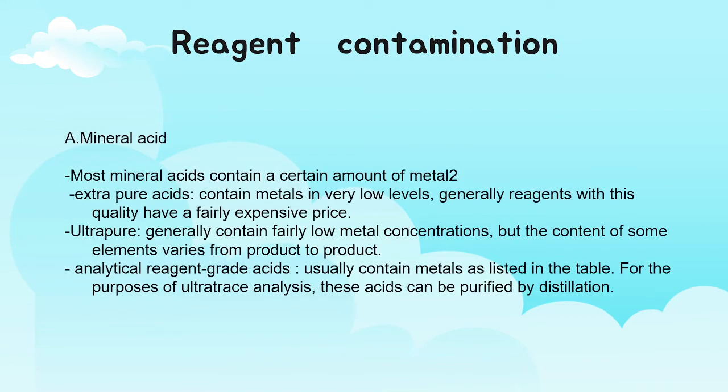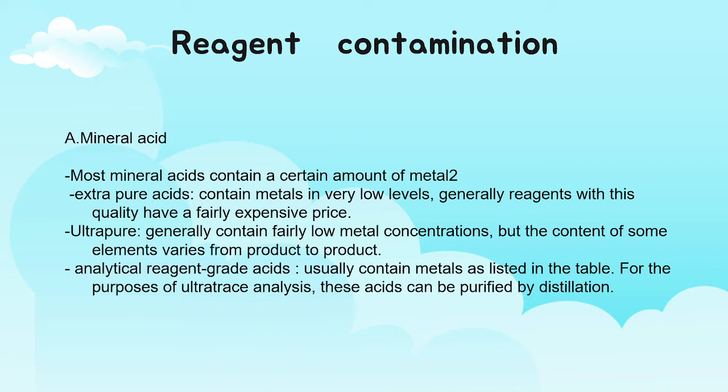A. Mineral acid. Most mineral acids contain a certain amount of metal too. Extra pure acids contain metal in very low levels. Generally, reagents with this quality have a fairly expensive price.